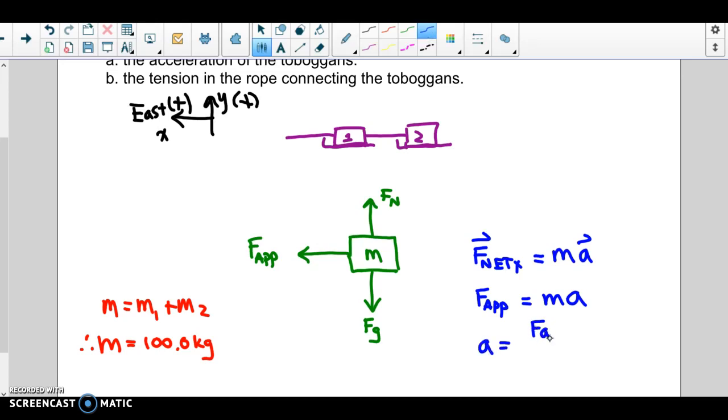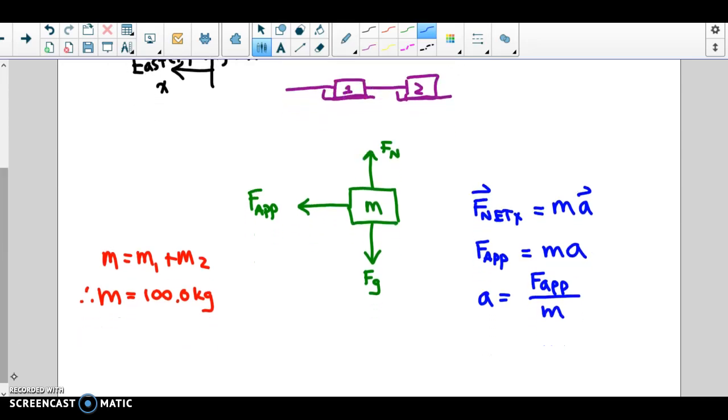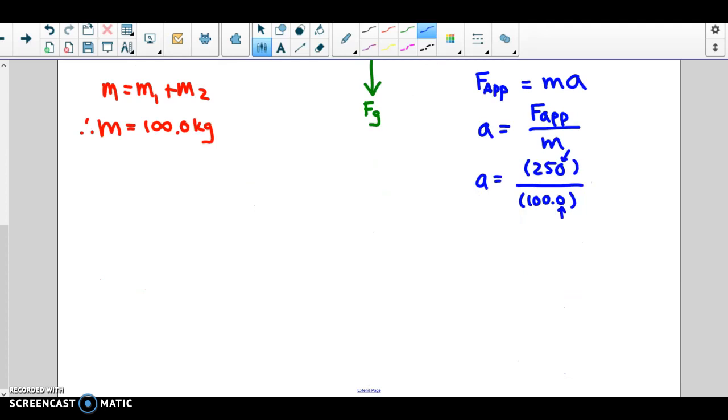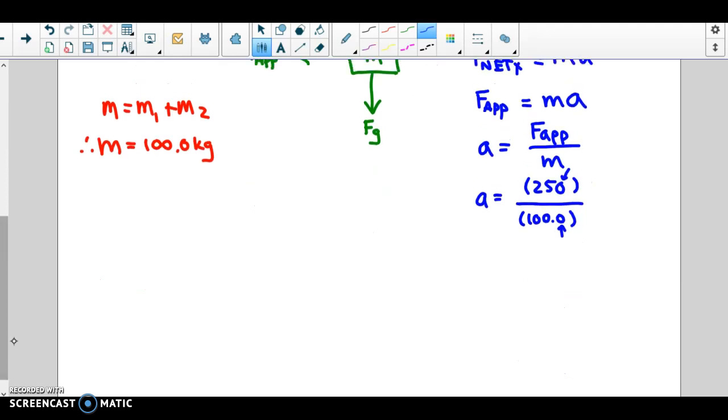Acceleration is equal to the applied force over the mass of both of those toboggans together. The applied force was 250 newtons with 3 significant figures. My mass is 100 kilograms with actually 4 significant figures. So my final answer, the acceleration, is also going to have 3 significant figures.